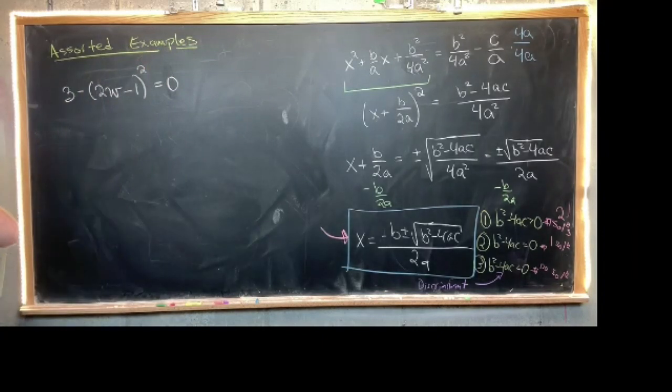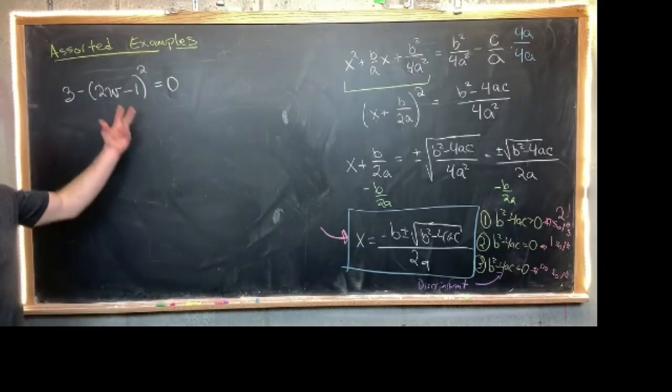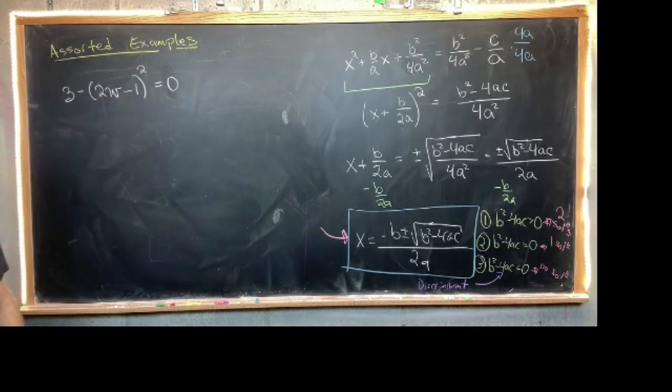So we've got really two main choices. One choice is we totally expand this right-hand side. Then we've got a quadratic equation that we can maybe use the quadratic formula for.